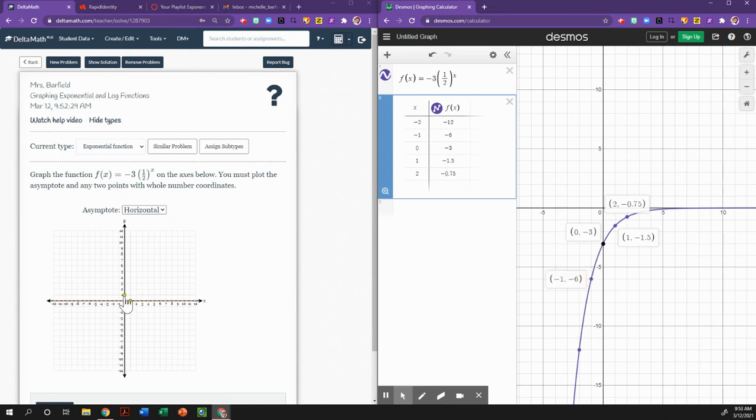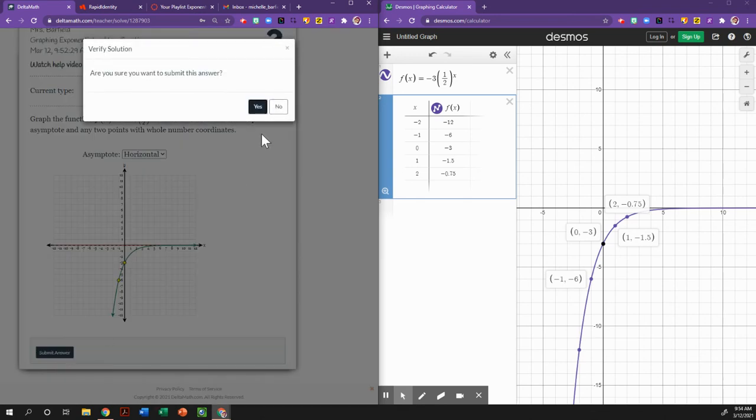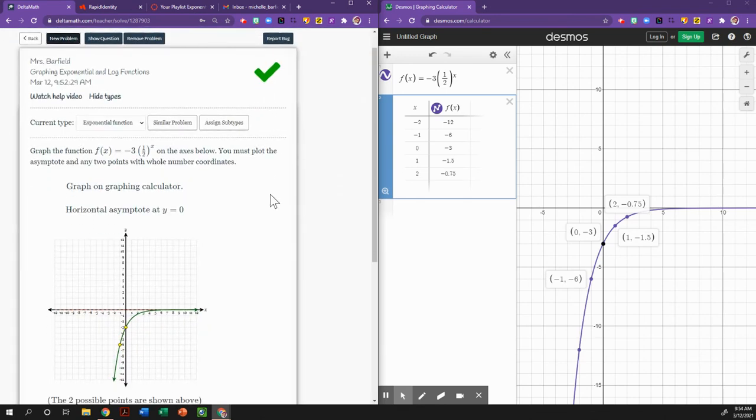So let's move these dots. It doesn't matter which one you move. So I've got 0, -3, and then I've got -1, -6. Now I'm going to submit my answer. Yes, I got my green check.